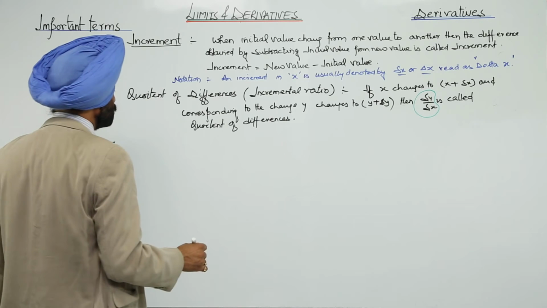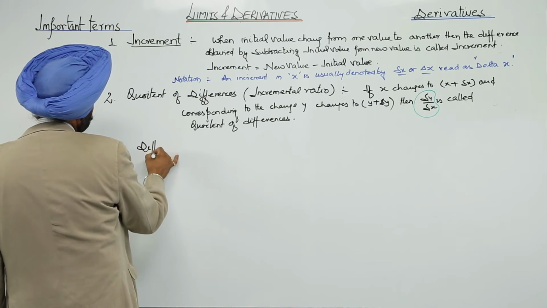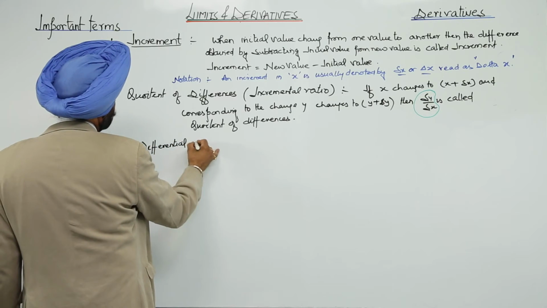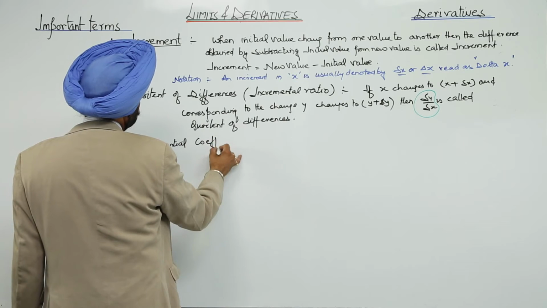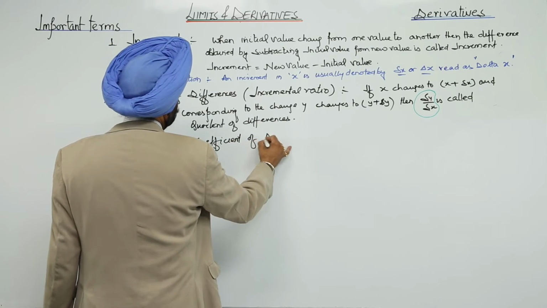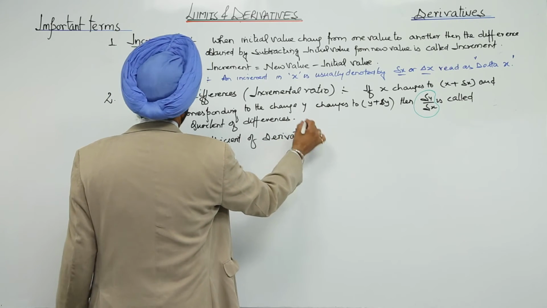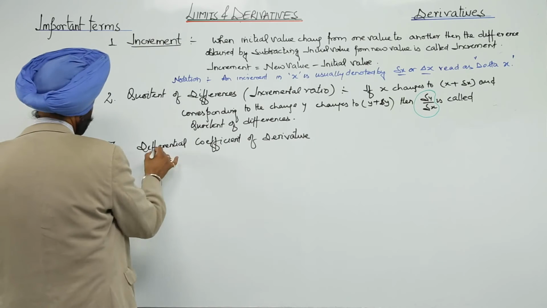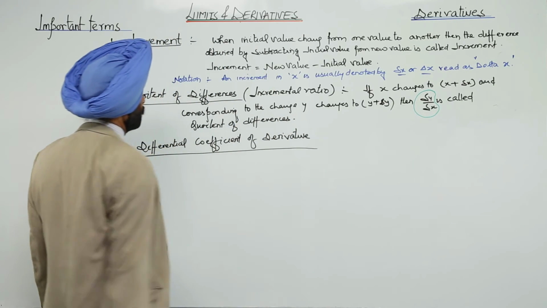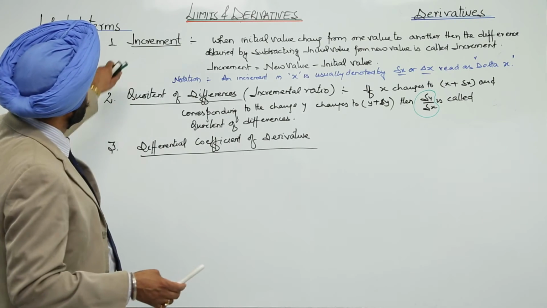third one, number 3. Now, this will be the differential coefficient or derivative. Now, in this part, differential coefficient or derivative, what is it?